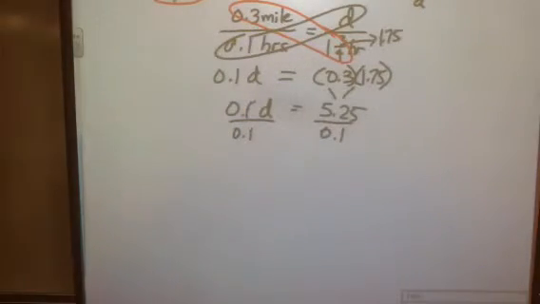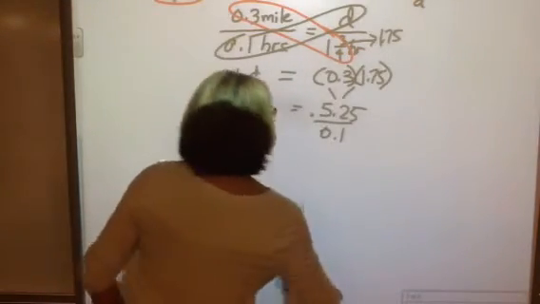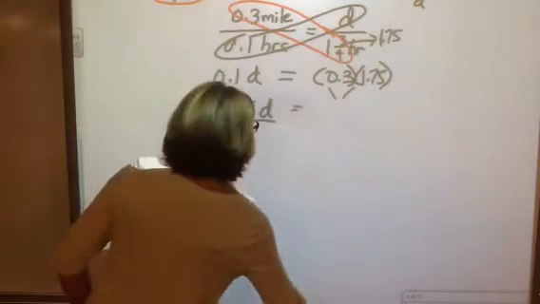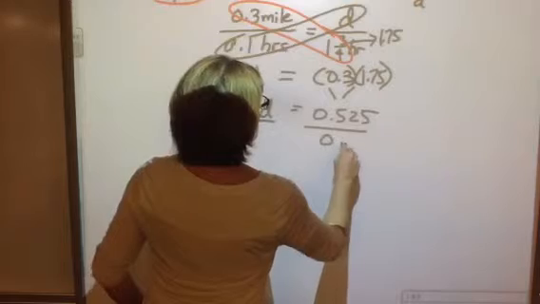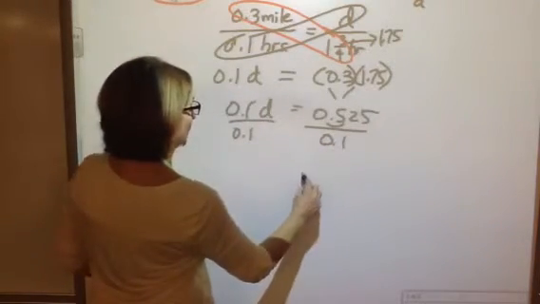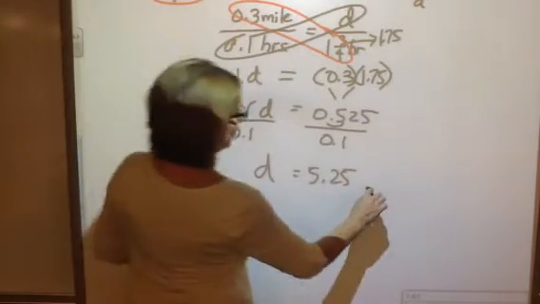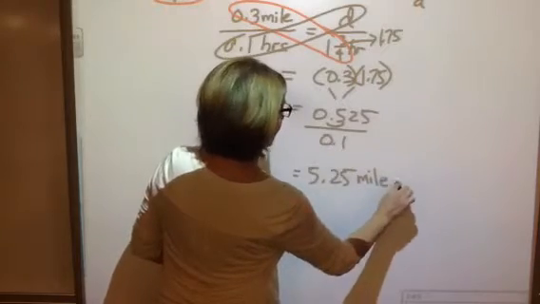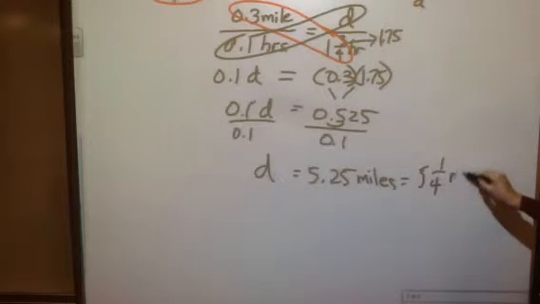You can use calculators here. So this is 0.525, and we divide by 1/10. That's like multiplying by 10, so that's like moving the decimal point one place to the right. So it'd be 5.25, which is the distance, and the distance is in miles. And that would be the same thing as 5 1/4 miles.